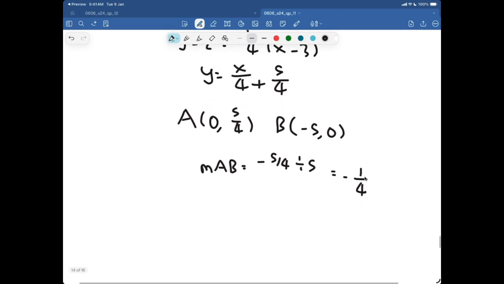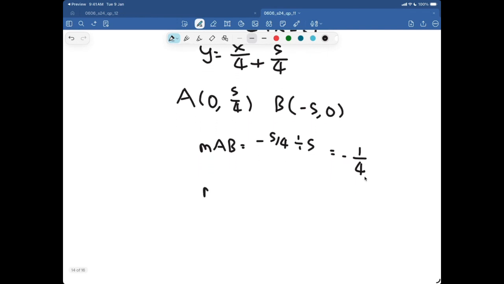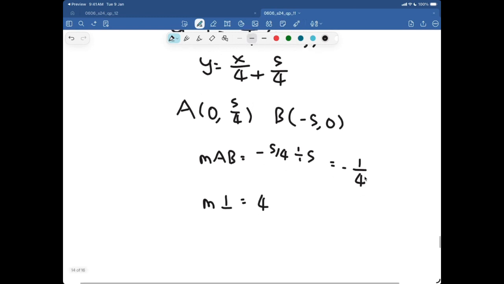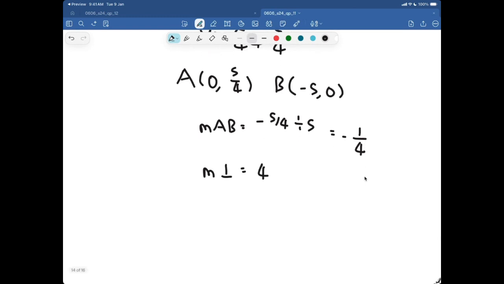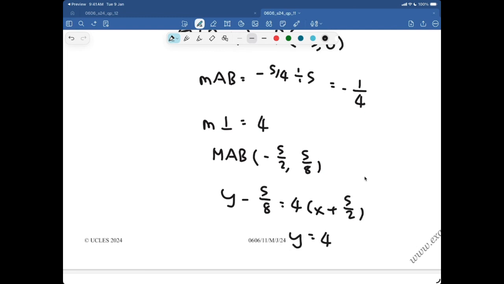Did I calculate something wrong? No, I didn't. So therefore, the slope of the perpendicular bisector will be 4. Considering that the midpoint is (negative 5 over 2, 5 over 8), we have y minus 5 over 8 equals 4 times (x plus 5 over 2), so y equals 4x plus 85 over 8.